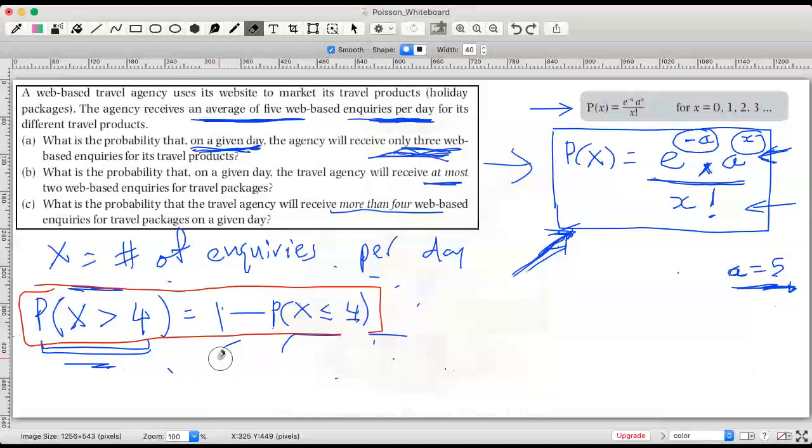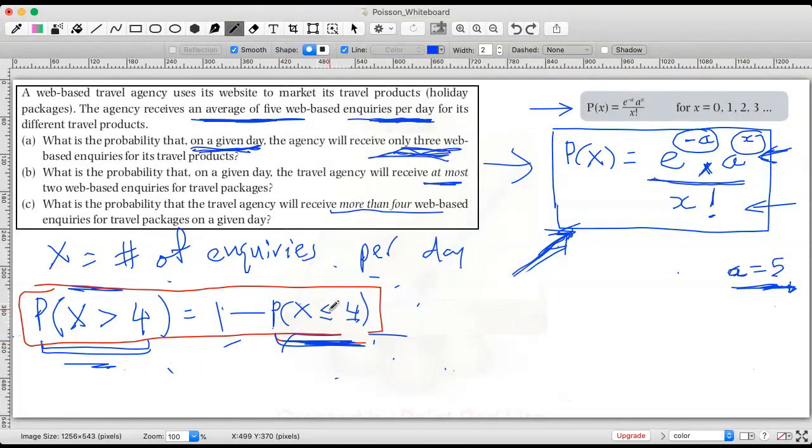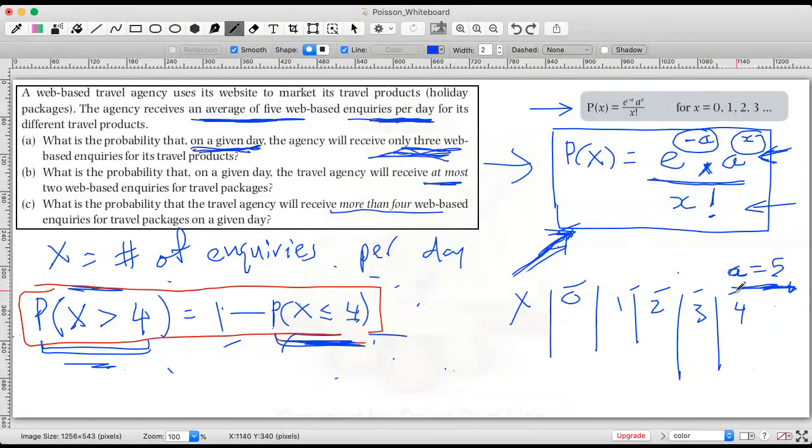For the complement, this I can work out in a reasonable amount of time, because x less than or equal to 4 only needs me to look at when x is 0, 1, 2, 3, and 4, because it's only those values that are less than or equal to 4.